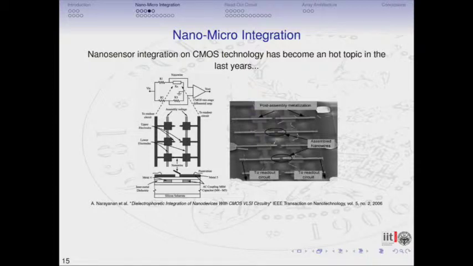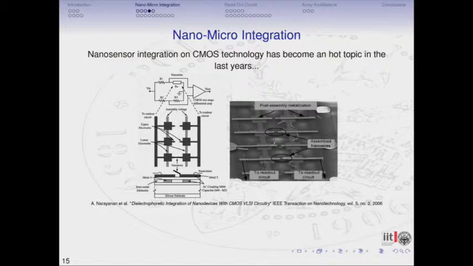This solution has already been used in literature, in work performed by many universities like MIT and Stanford. This work in literature assembles some nanomaterials on the top of a silicon chip.